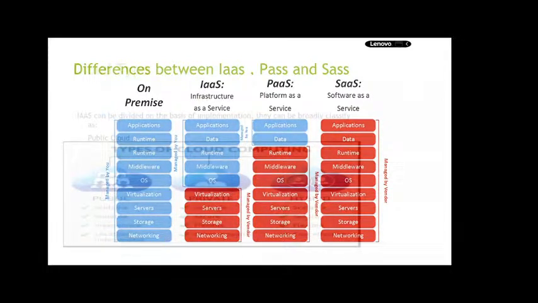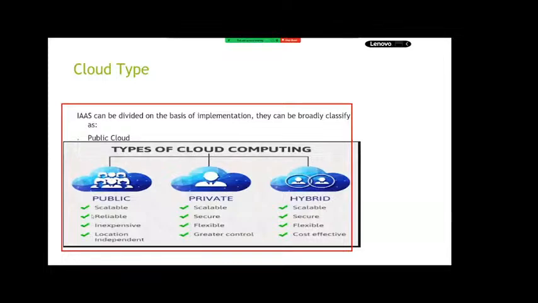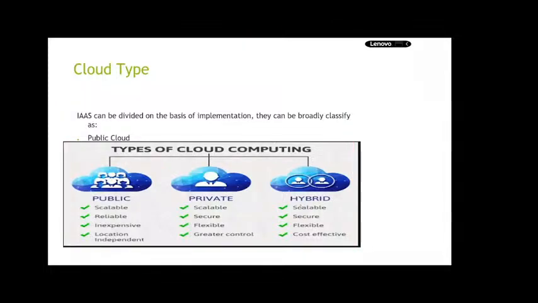See, so these are the types of cloud. What are the types of cloud? One is public, private, hybrid. What is public, guys? Generic term, right? What is public? Accessible by all. The resources can be accessed from anywhere in the world, that is called public. Do you agree? I am repeating.